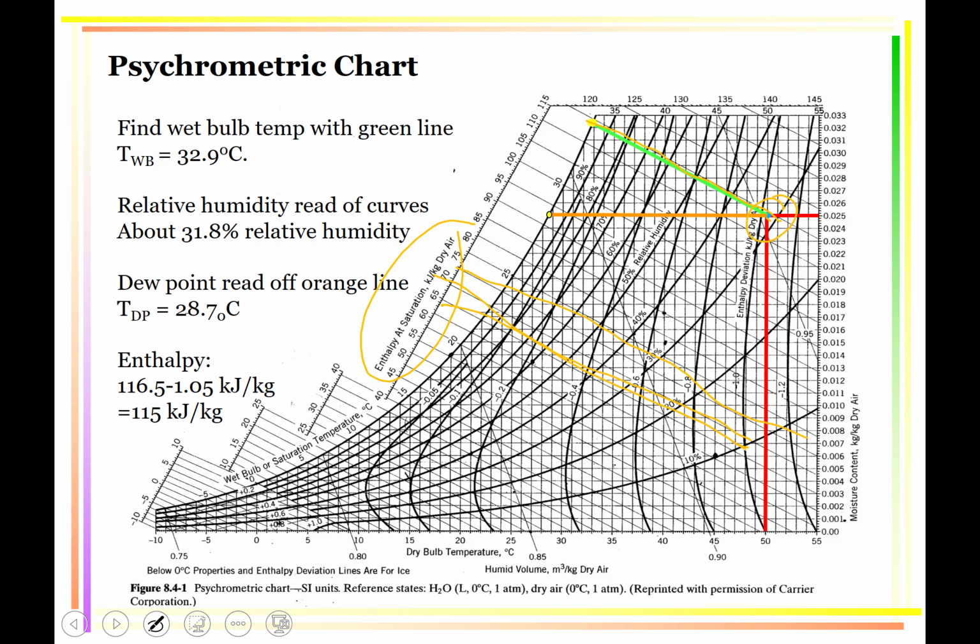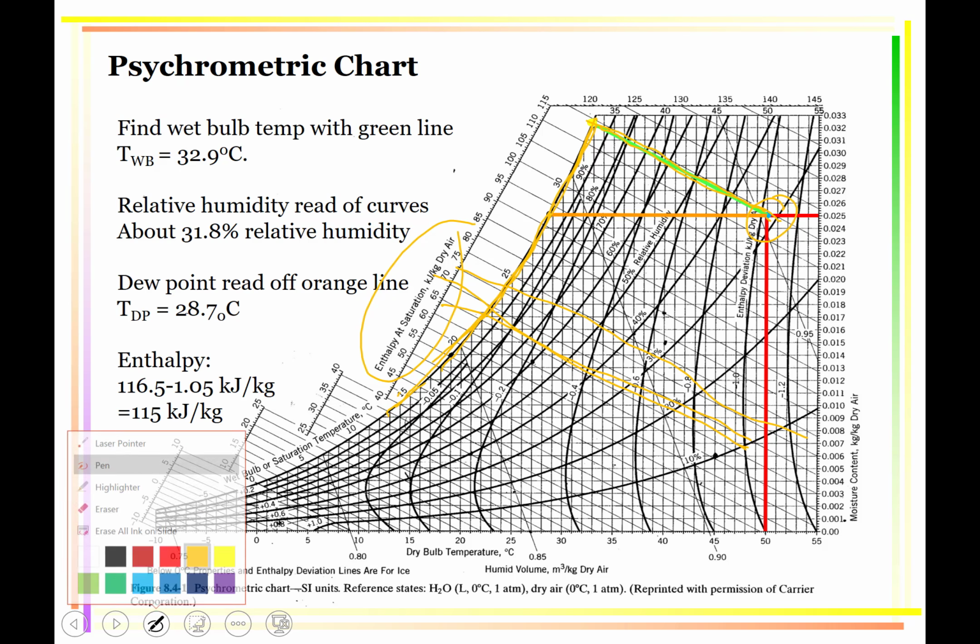All right, so how do you find the wet bulb temperature? You ride this all the way up, and this line here is the saturation. This is when the air is saturated with water, on that curve.